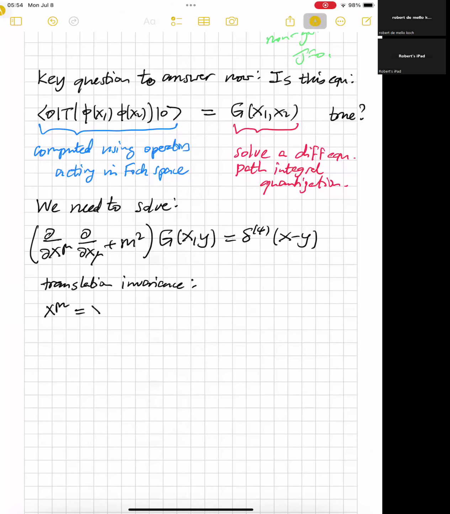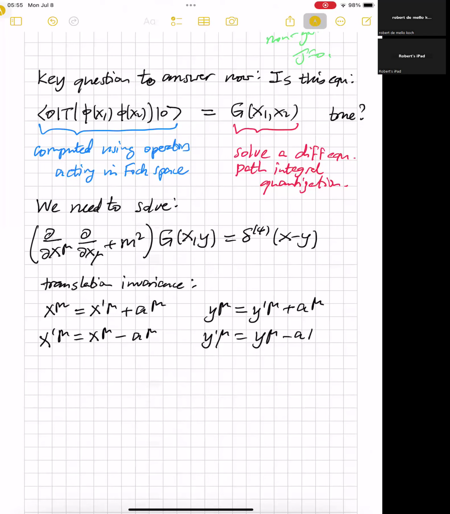Let's set this equal to x'^μ plus a^μ. And there'll be an exactly analogous change of variables for y, which is that y^μ is equal to y'^μ plus a^μ. How are x and x' related? By doing a translation, okay? So we are now studying translations, and we're going to work out a consequence of translation invariance.